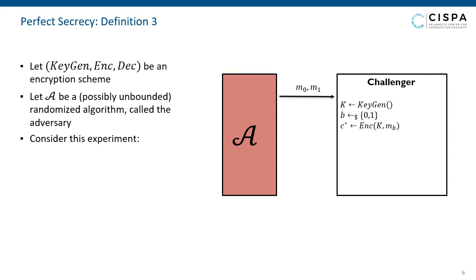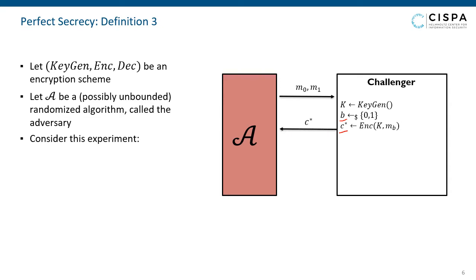If the bit B is 1, it will encrypt message M1. And this ciphertext C we will call the challenge ciphertext. The bit B here will be called the challenge bit.